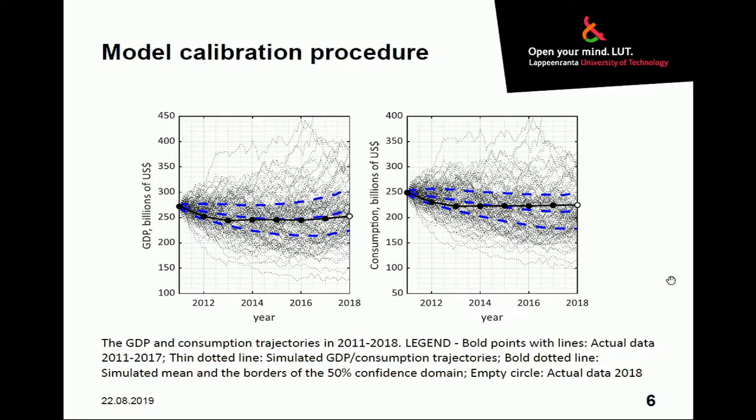In our case, the last 2 points on the right of our pictures. Here you see that we calculate the mean trajectory and the bounds of the 50% confidence domain.